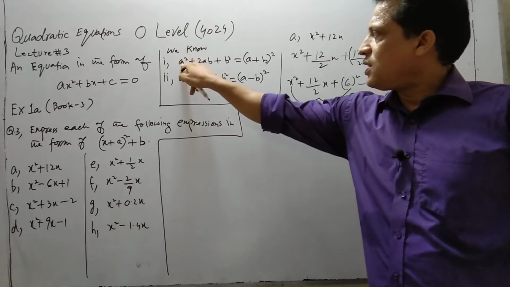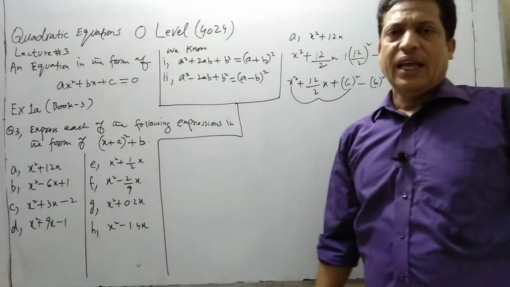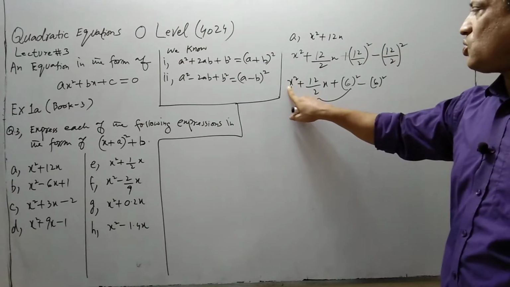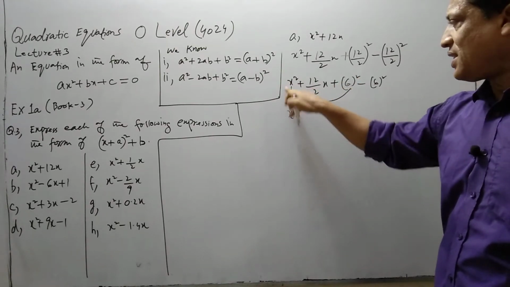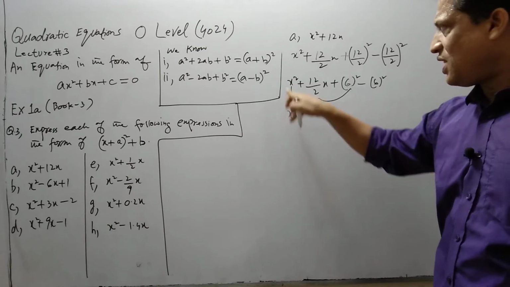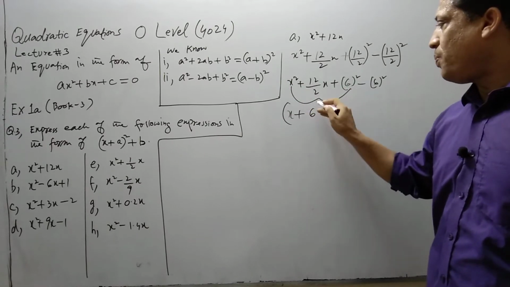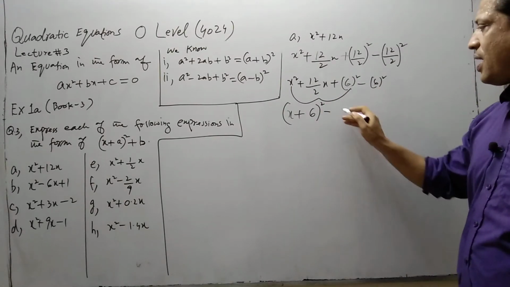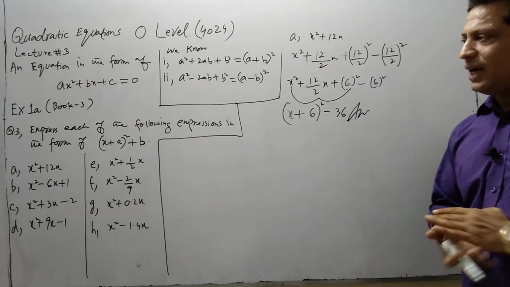So if this a square plus 2ab plus b square is closed in the form of (a plus b) whole square, then this x square plus 12x plus 6 square is closed: x stands for a, and 6 stands for b, whole square. Minus 6 square is 36. This is our answer. That's it.